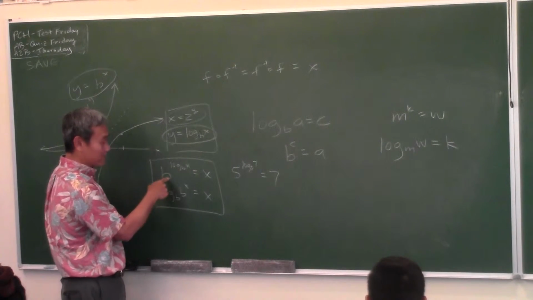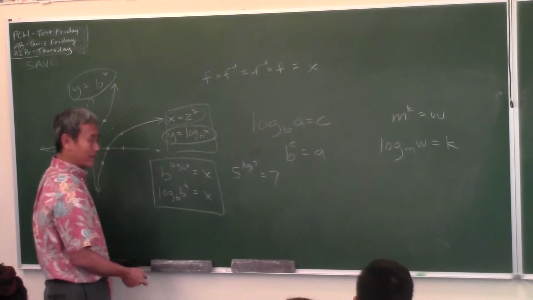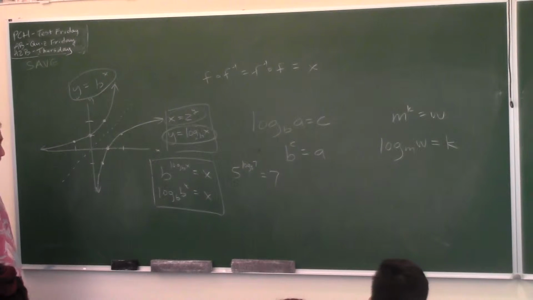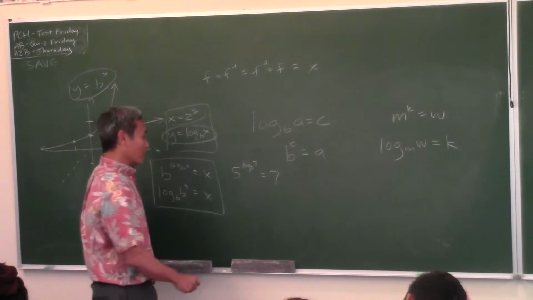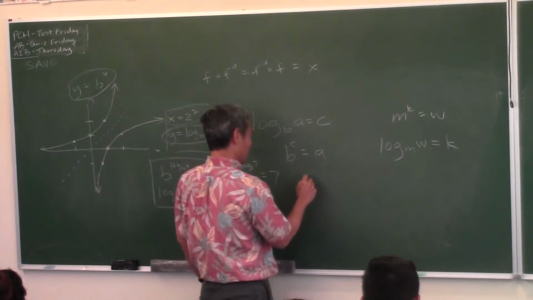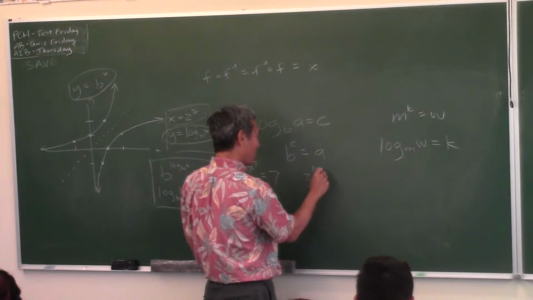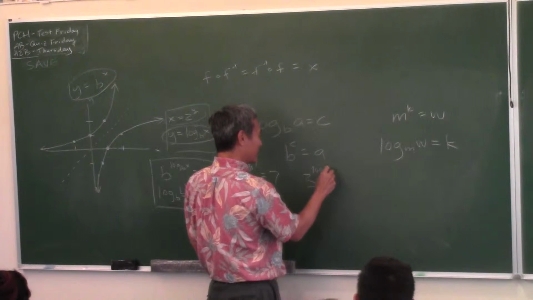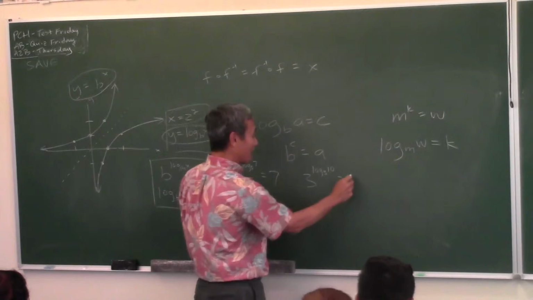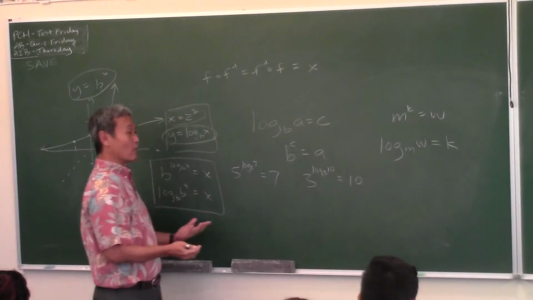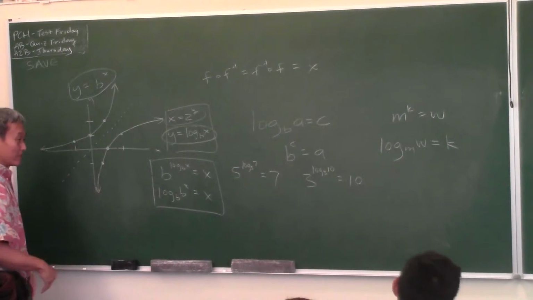All I did is b is 5 in this problem, and x is the 7. Okay, maybe we've got to do another one. What is 3 to the log base 3 of 10 equal to? 10. See, it's easy. And the reason why is because they're inverses of each other.